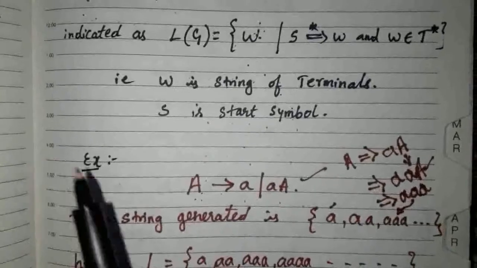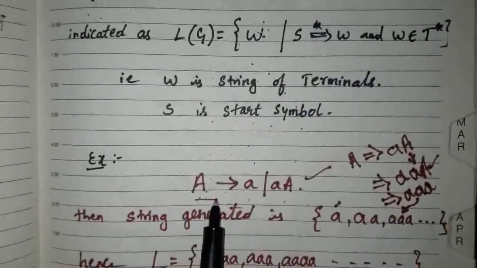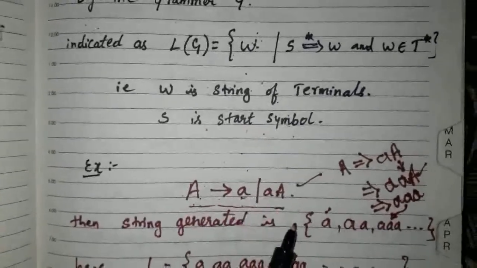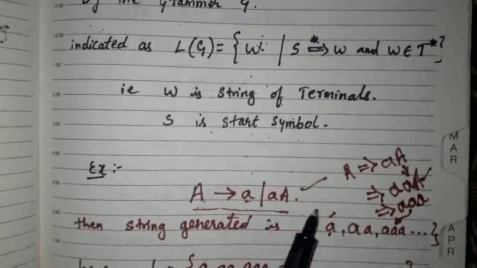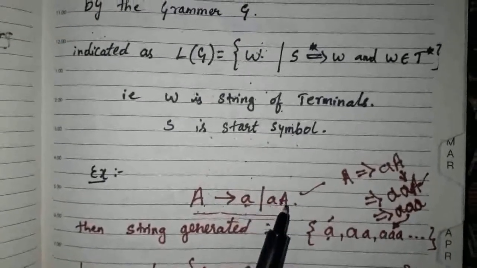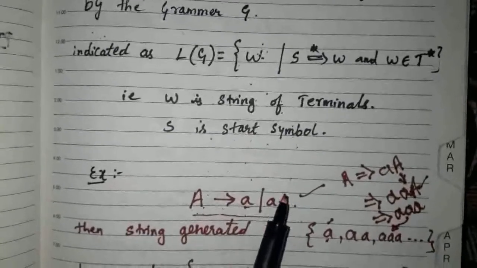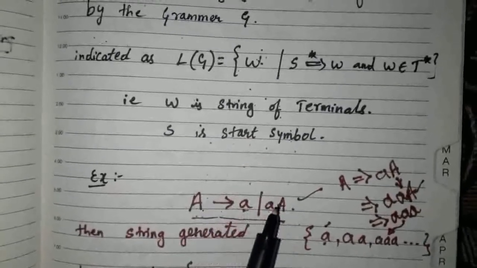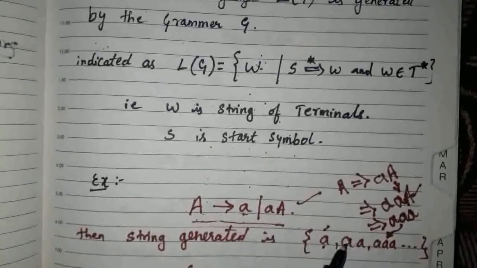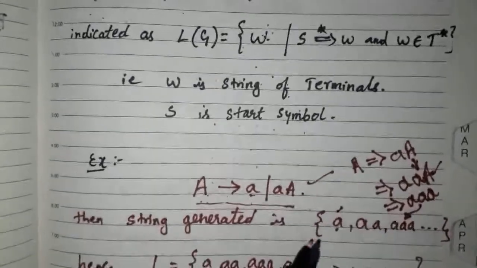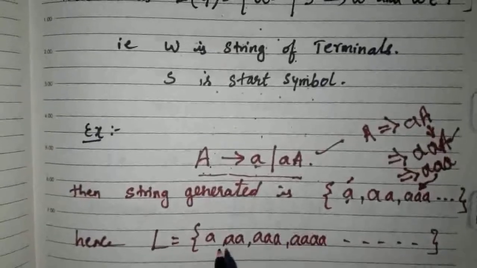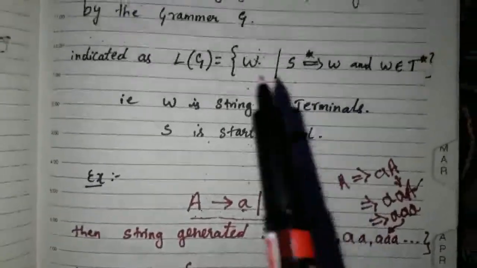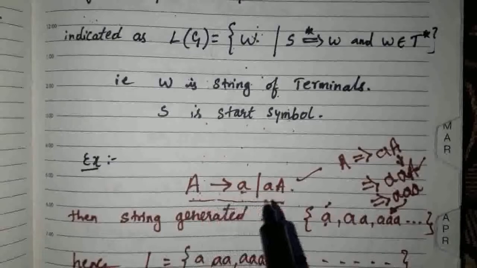So this grammar starts with a single a and goes up to n number of a's. That means for A, I am taking the definition AA every time, and I will be adding one a to the string. So these are the possible strings that we can get from the given grammar.